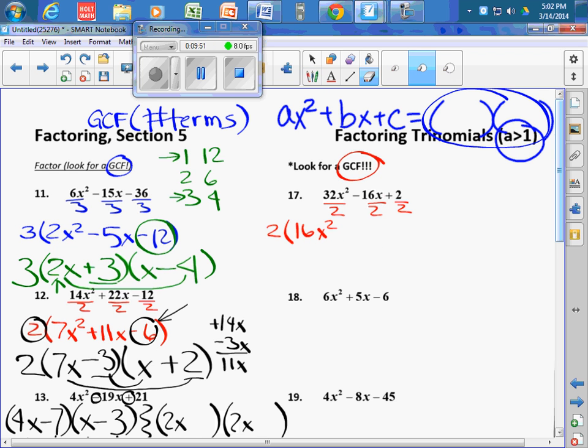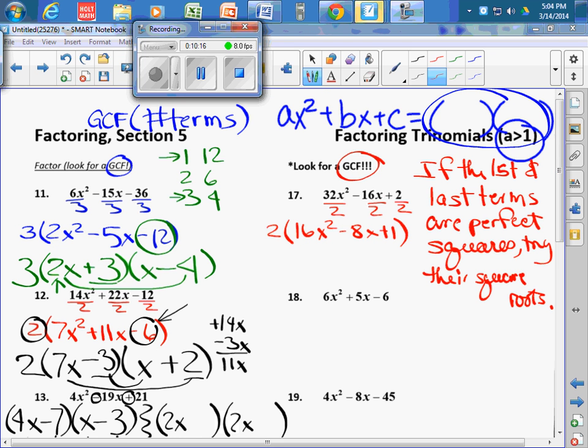Minus 8x plus 1. Now we could go through the whole gamut here of using 16x and x, 2x and 8x, 4x and 4x, but here's what we're going to do. I'm going to write this down, and you need to write this down all.